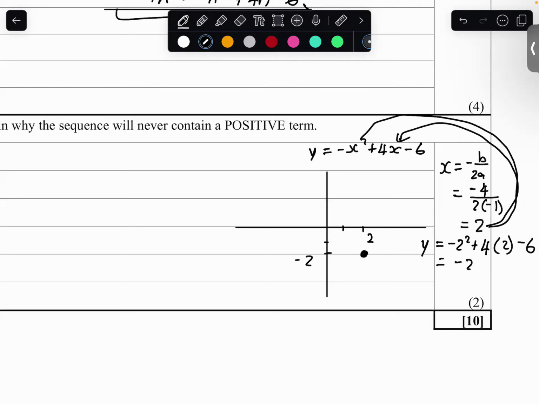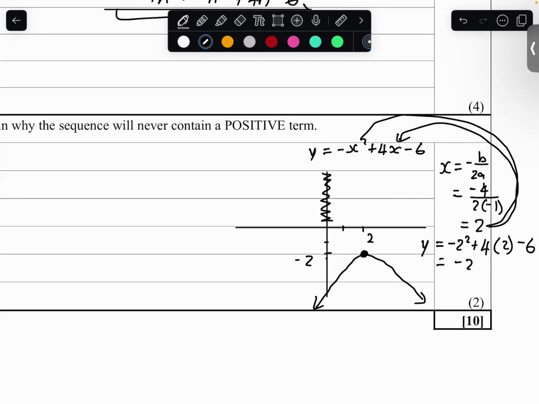And then I know that the graph is going to frown, because the a value is negative. Okay. So the graph is going to frown. It's going to look like this, which means, is this quadratic sequence ever going to experience any positive term?